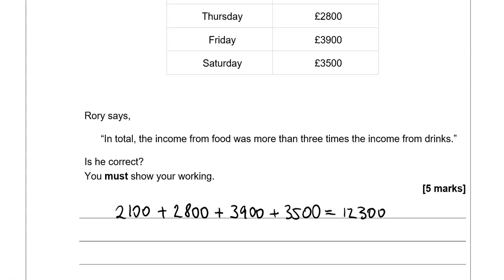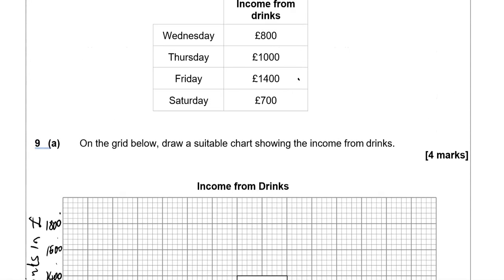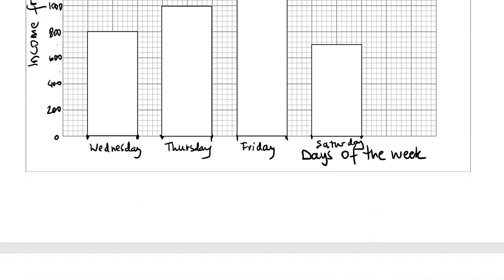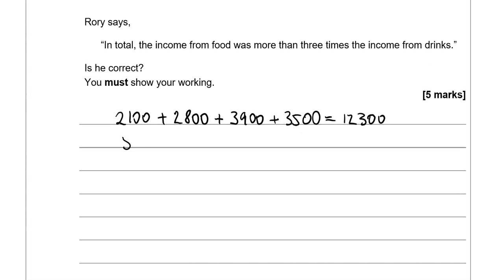Now we'll have a look at the drinks, and that was 800, 1,000, 1,400, 700. Adding them all together gives us 3,900.